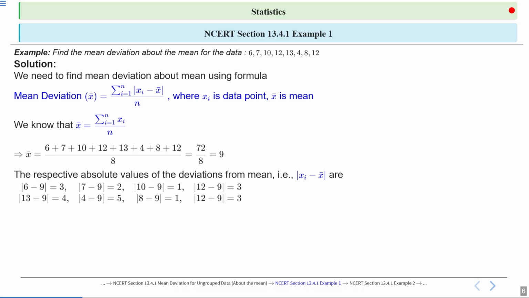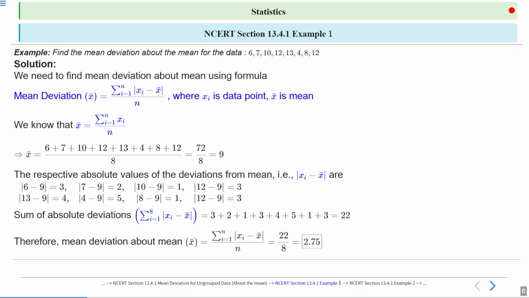You will get all the absolute values of the deviations from the mean. Now, the sum of absolute deviations is summation i equal to 1 to 8 mod value of xi minus x bar. This is equal to 3 plus 2 plus 1 plus 3 plus 4 plus 5 plus 1 plus 3, and this is equal to 22.